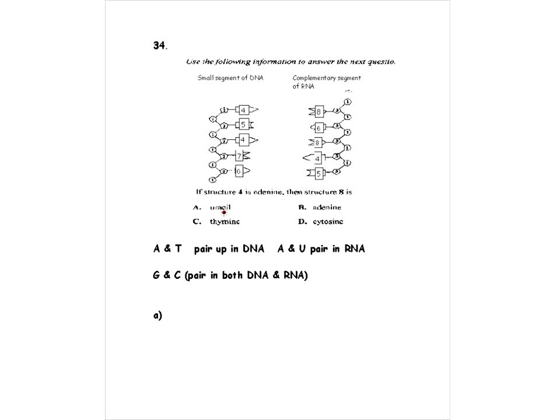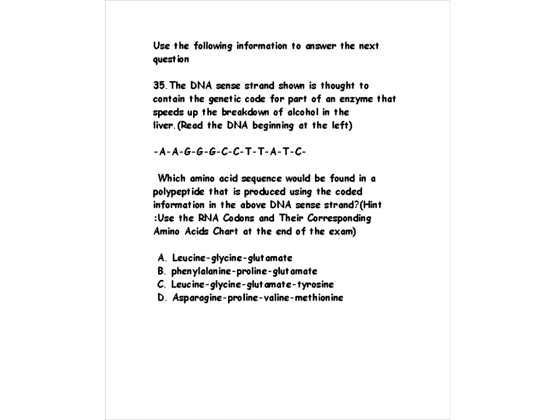Does that make sense? Again, A always pairs with T if it's DNA, but because this is RNA, A pairs with U.